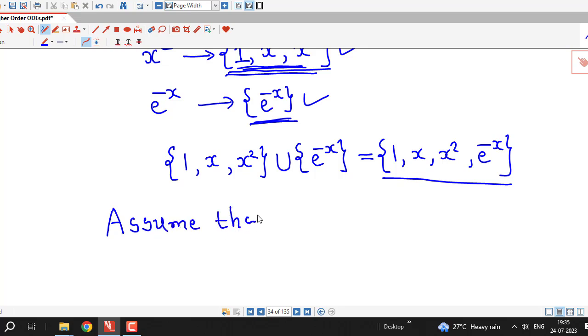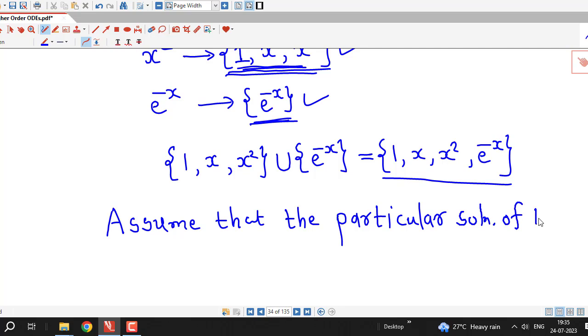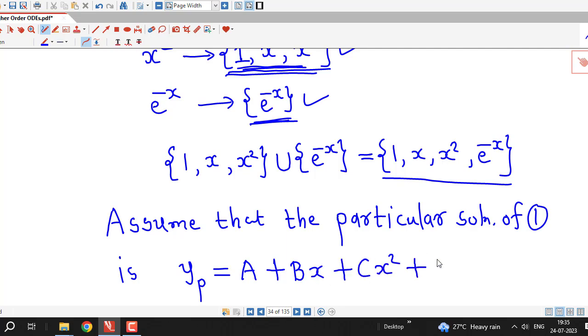Assume that the particular solution of the given equation 1 is denoted by y_p = a·1 + b·x + c·x² + d·e^(-x).